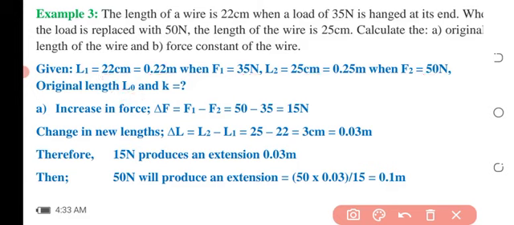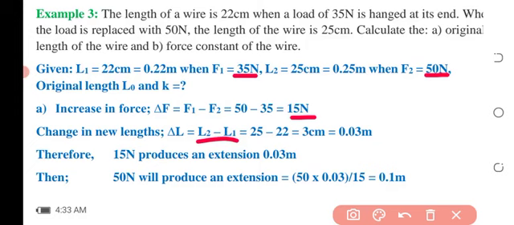So what we look at here is the increase in force, that is the force 35 Newton is replaced with 50 Newton. What is the change in force? That is 50 minus 35, and that will give us 15 Newton. And also we look at what this change in force will cause to the length, that is the change in length here.